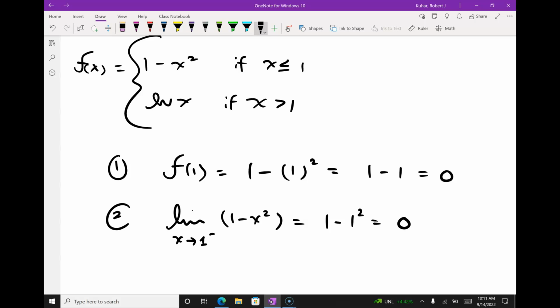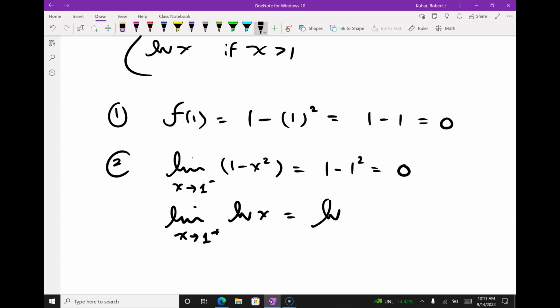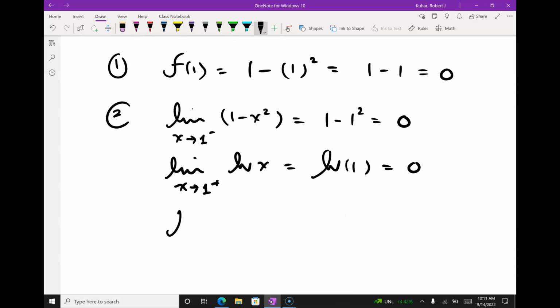So the limit from the left is so far okay. I need the limit from the right to match the 0 as well. When I'm going from the right, I'm using the ln of x function, and I get ln of 1, which of course is 0. And so I know that the limit as x goes to 1 is 0.